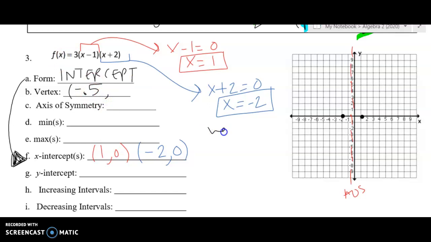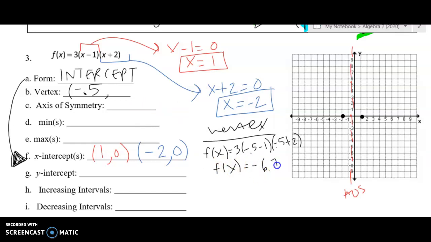And what I'm going to do with this, I'm going to do my little work right here. To find the vertex, if I know that the x value is -0.5, I'm going to plug that in to the equation. I know there's some decimals, and that's okay. I'm going to work it out, and the answer is negative 6.75.